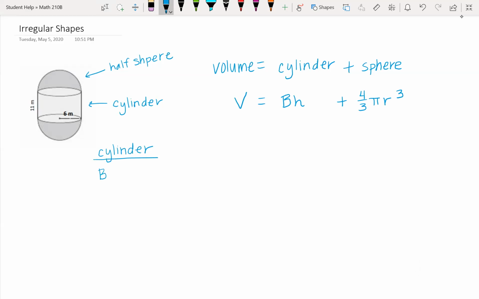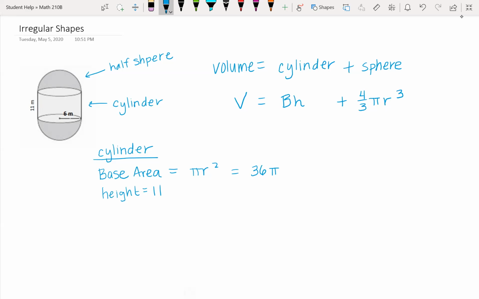The base is a circle, and so the base area is pi r squared, or in this case, the radius is 6. So that would be 36 times pi. And the height is 11.